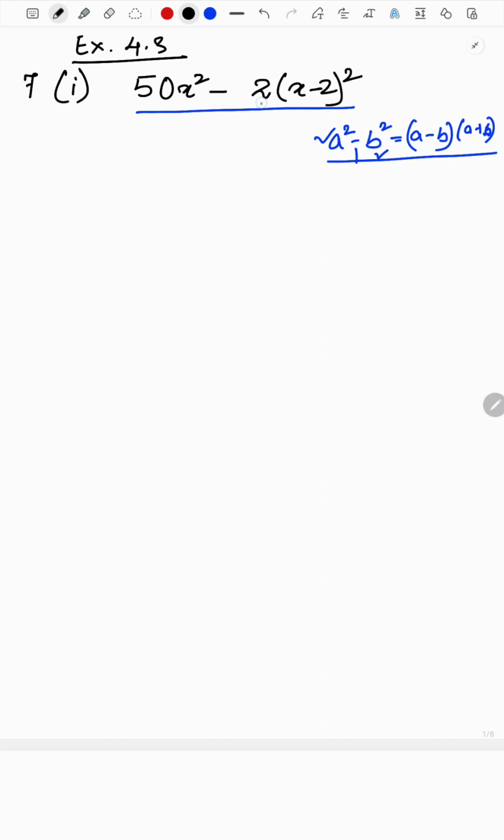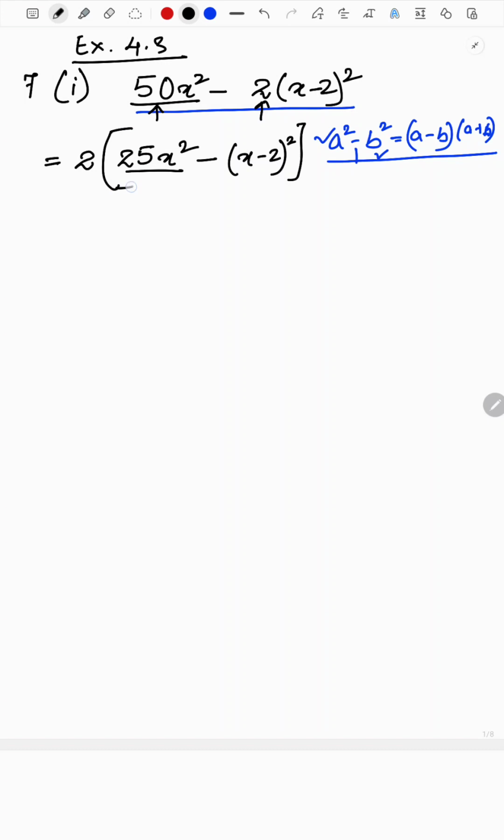So here you see that 2 can divide 50 by 25 times, so we can now take 2 as common here. So when I take 2 as common, I'll have here 25x square, because 2 into 25x square will give me 50x square, minus this 2 has come out as common here, so I am left with (x minus 2) whole square.